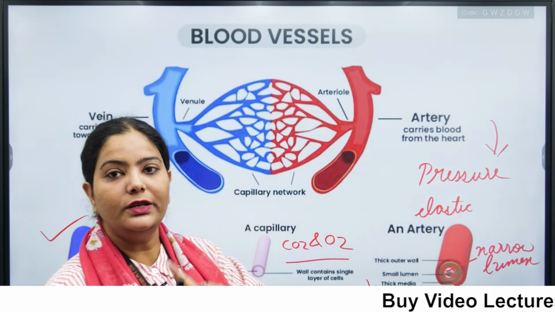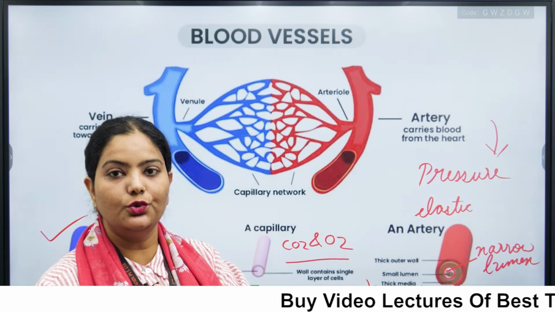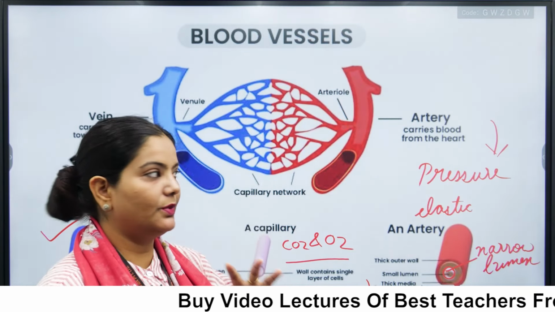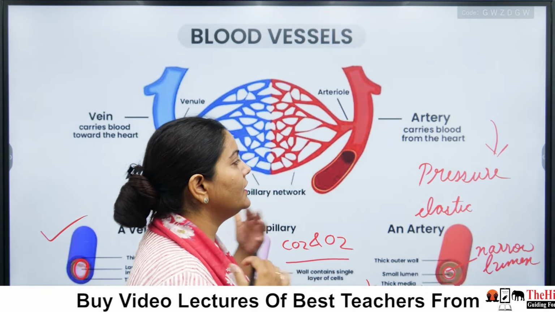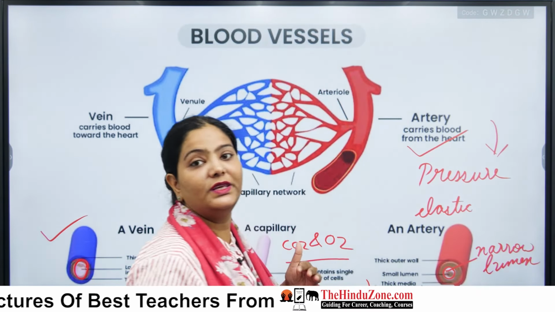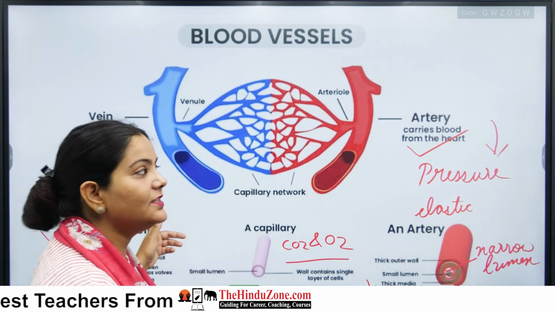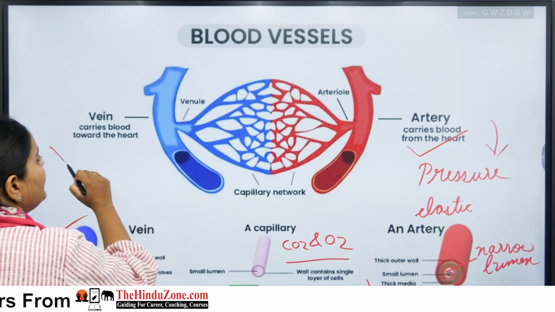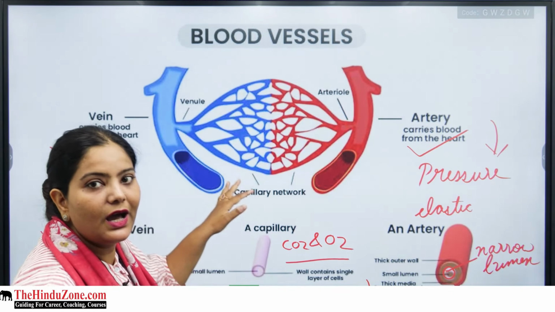Two things you all need to remember. Artery is one which always carries blood away from the heart, and a vein is one which always carries blood towards the heart.